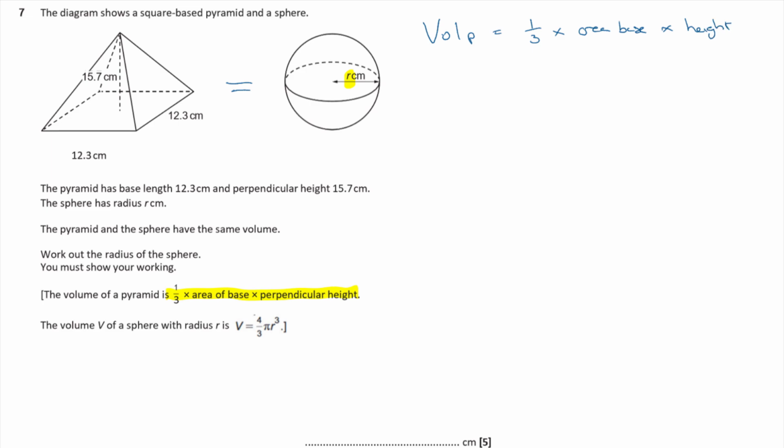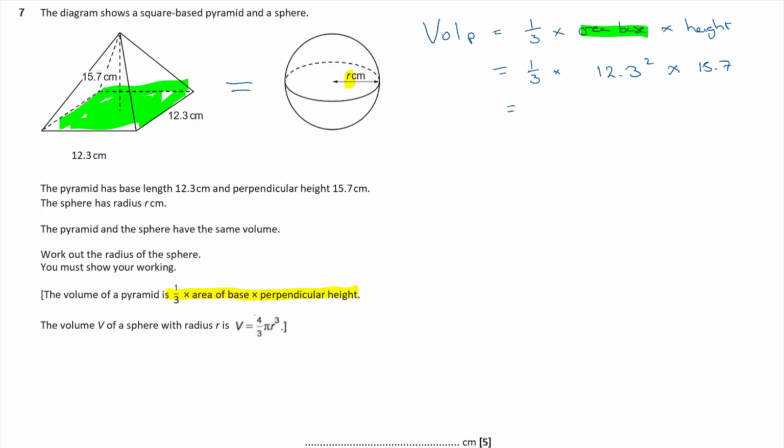Now this particular pyramid is a square-based pyramid. So the area of the base is going to be this area here, whatever that is. And because it's a square, it's quite easy to find. That's just going to be 12.3 times 12.3, isn't it? 12.3 squared. And then the height is 15.7.